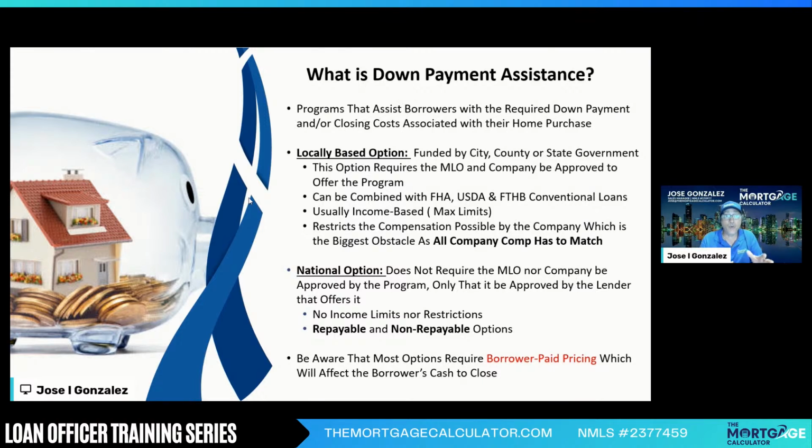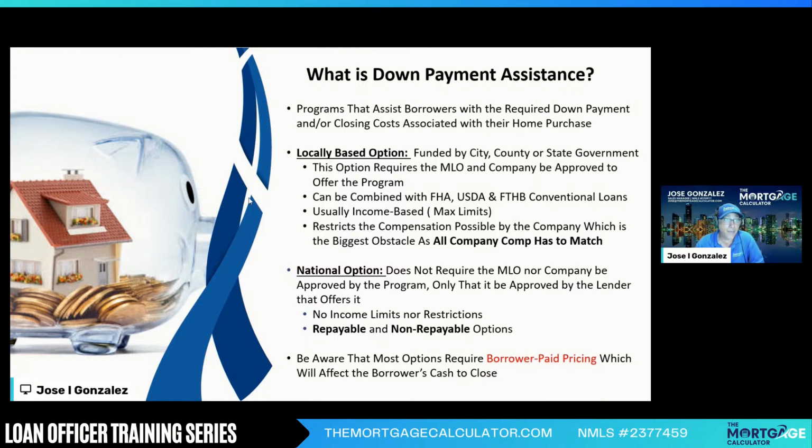Once you get that approval, then you submit to the down payment assistance agency for their review of the file and issue their approval. So again, you have to take that type of logistical concern into consideration, as these are going to be purchases. These are not going to be refis or cash-out refis, where the borrower may be willing to wait, but a purchase that has a set timeline on a contract.